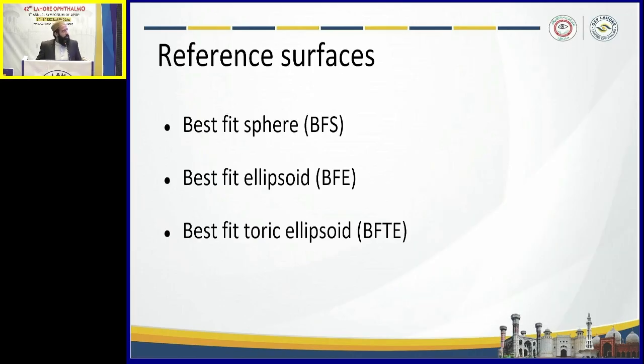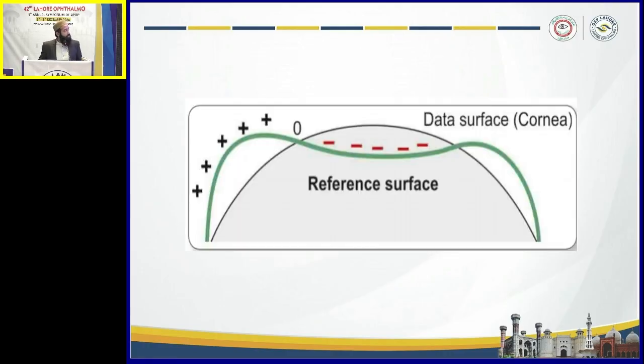Now we come to the elevation maps. The elevation maps are usually studied with the help of a best fit. There are three forms to study these elevation maps. It could be a best fit sphere or a best fit ellipsoid or a best fit toric ellipsoid. So usually what we see on the maps is compared to a best fit sphere.